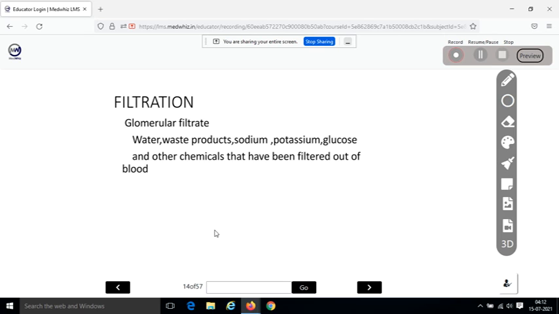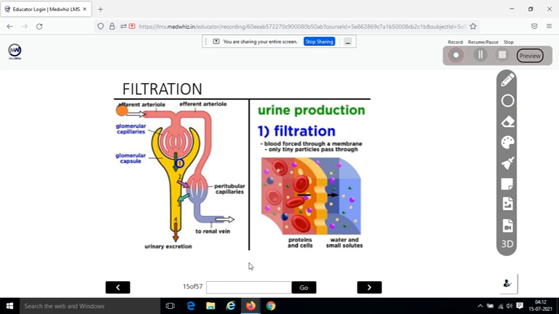It contains water, waste products, sodium, potassium, glucose, and other chemicals that have been filtered out of blood. See the efferent arteriole, capillaries, capsule. This is how filtration occurs.